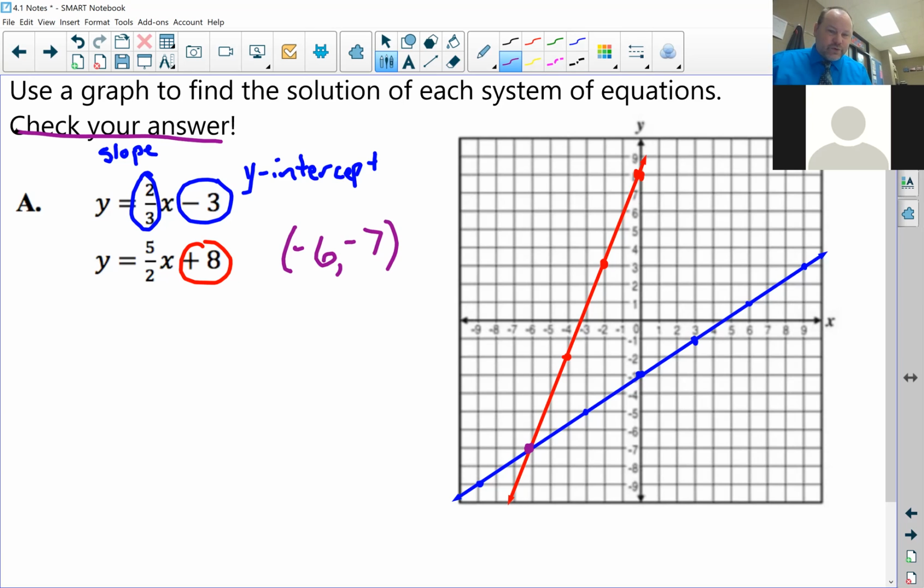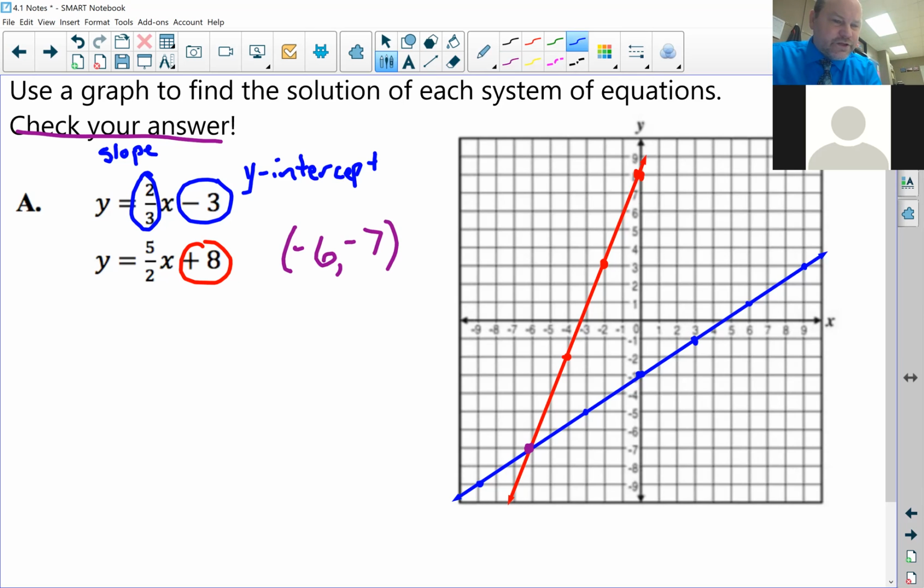So I'm going to check this one. And the way I'm going to check it, I'm going to take -6 and plug it in for x, and take -7 and plug it in for y. And I'm going to do it for both equations, because by definition, this point should be on both graphs. So it should make both equations true. So let's see if that works.